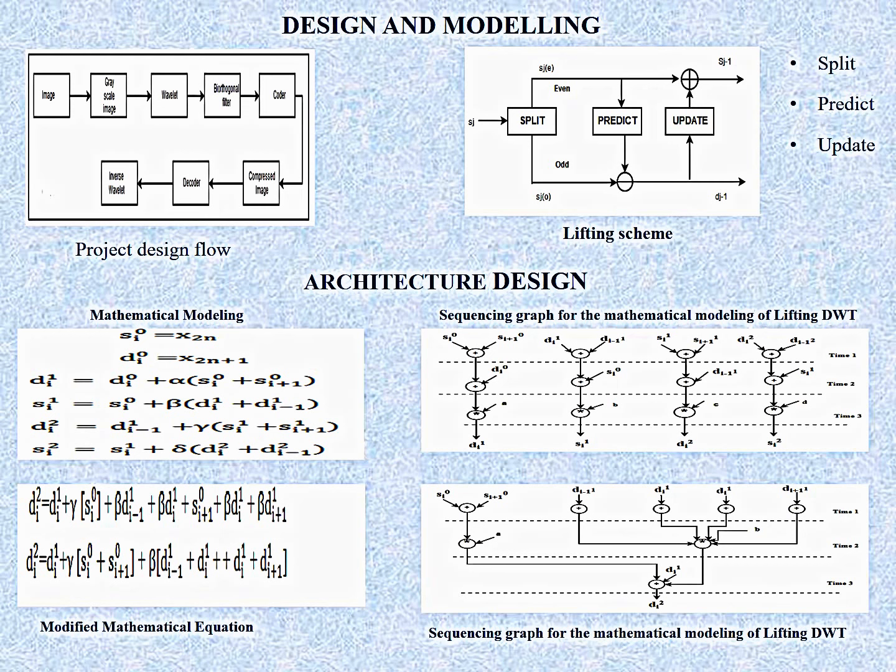Many adders or XOR gates are usually required to update it. So what I have done is model it using mathematical model analysis and obtain a modified mathematical equation to get the same output with fewer adders, as shown in the sequencing graph in the next design.